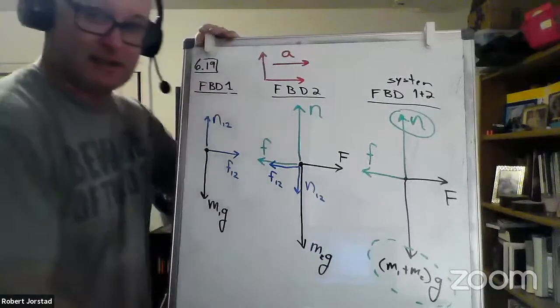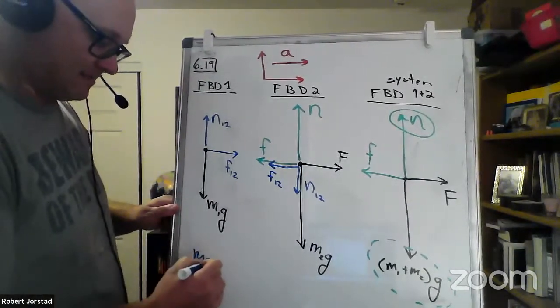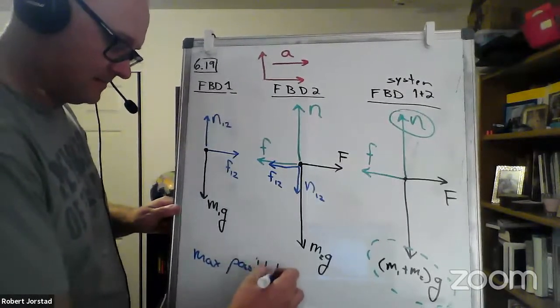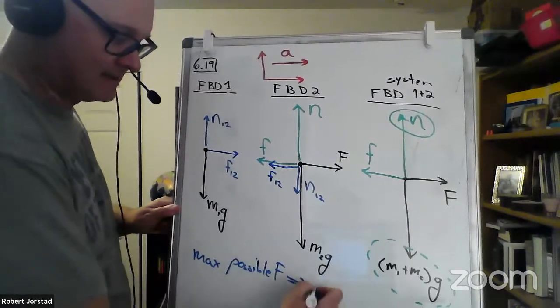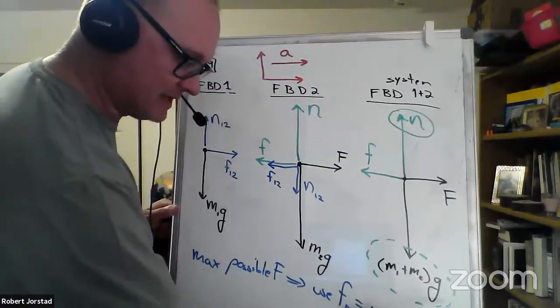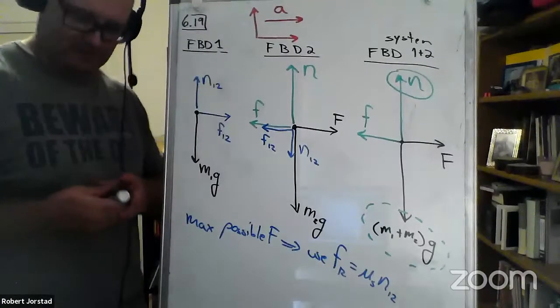So what you're saying is part C says max possible F. That implies friction 1, 2 does equal mu static times normal force 1, 2. Yeah, that's true, but what else will change?